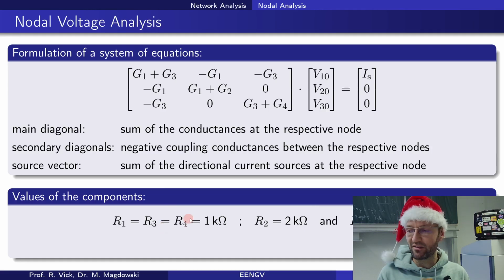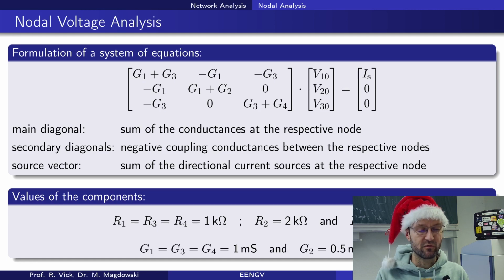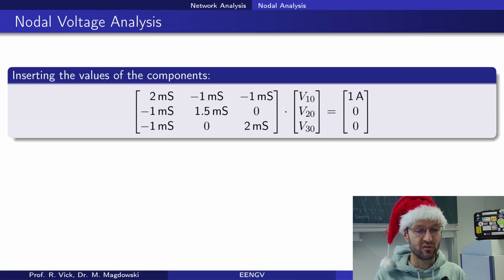In my example, because this is later something that I can also show in the experiment, I have 1 kilo ohm and also 3 1 kilo ohm resistors, 1 2 kilo ohm resistor, and let's assume we have a source current of 1 ampere. So then we can convert these resistors into conductances and set these values into our system of equations. And then the system of equations looks like this in matrix form.